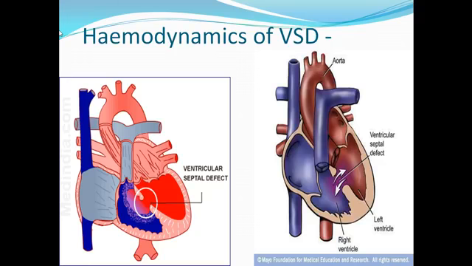So what happens in VSD, ventricular septal defect? There is a defect in the interventricular septum. What is the hemodynamics of the ventricular septal defect? This occurs in ventricular systole, the contraction of the ventricle: left ventricular blood enters into the right ventricle through the ventricular septal defect.